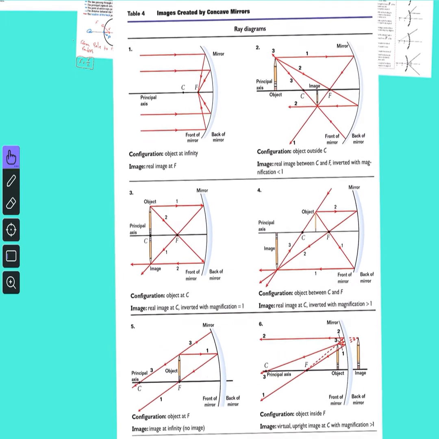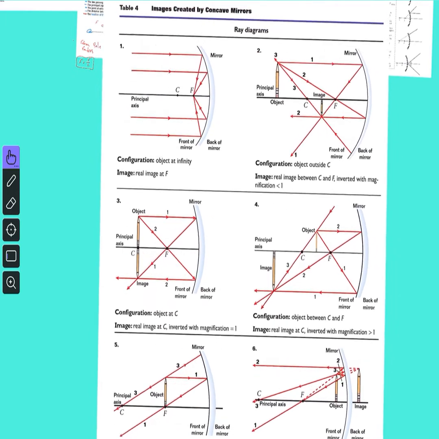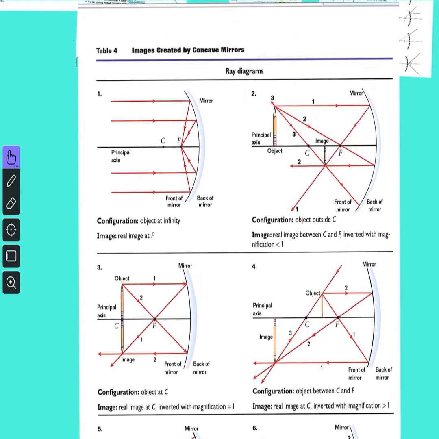You have the concave mirror, and the object is far away from the mirror. We will call it the object is at infinity. Configuration means the object's place. The object is at infinity.